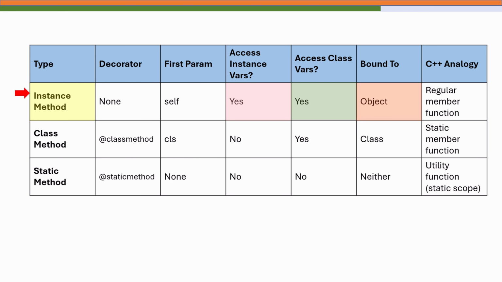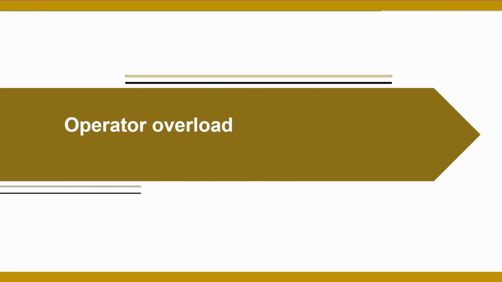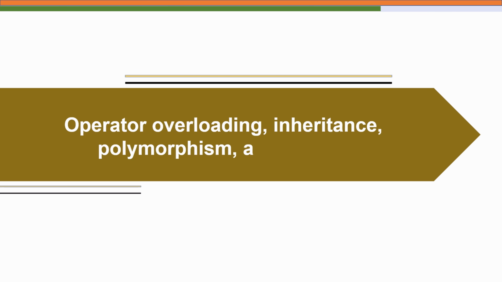If we map this to C++, instance methods are like regular member functions, class methods are like static member functions that we studied in C++, and static methods mean utility functions, that is, you can say, a static scope.